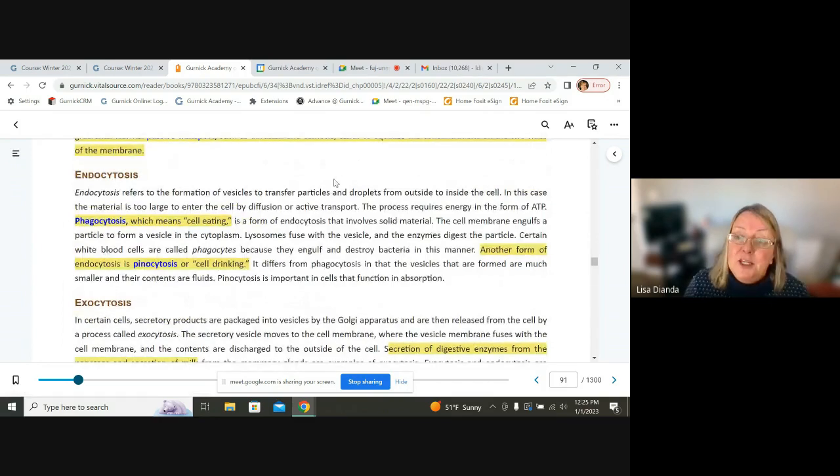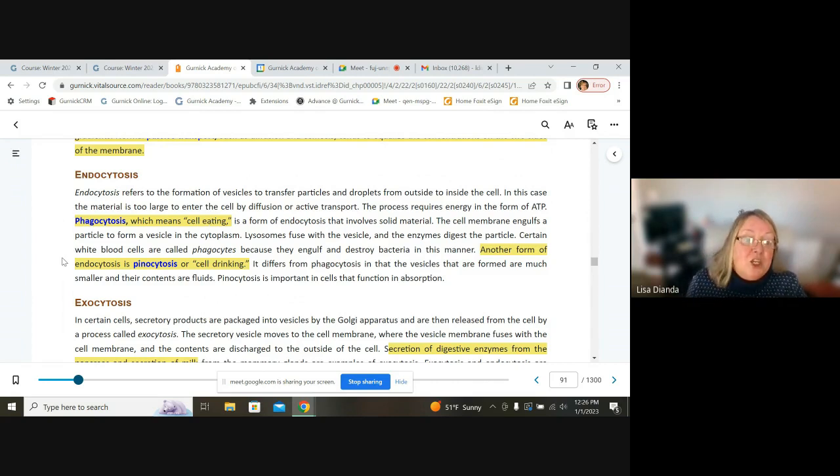Endocytosis. Endo means within, right? Cytosis is absorbing, right? So phagocytosis means cell eating. So it's eating the areas that are not needed anymore in the cell. So it's eating that part of the cell.